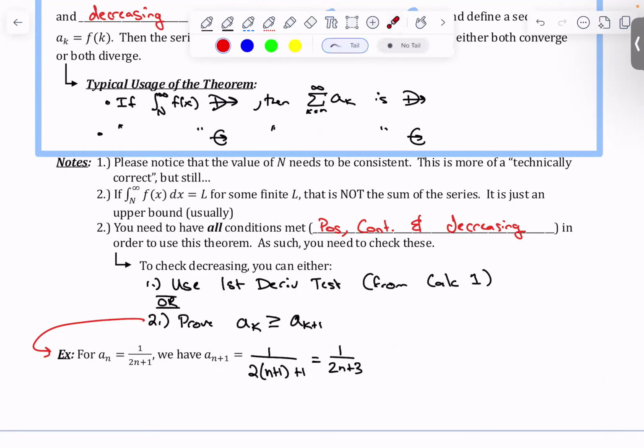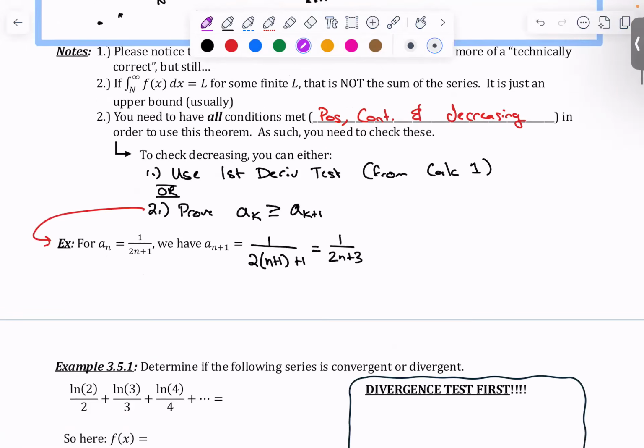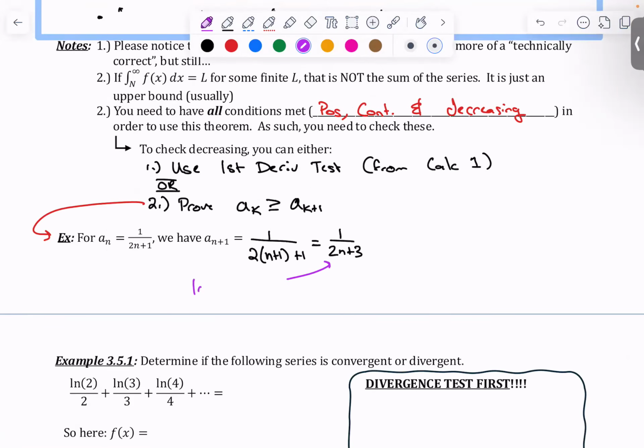So this has a larger denominator, meaning that it's a smaller fraction, so it's a smaller overall number. So a sub n is decreasing.